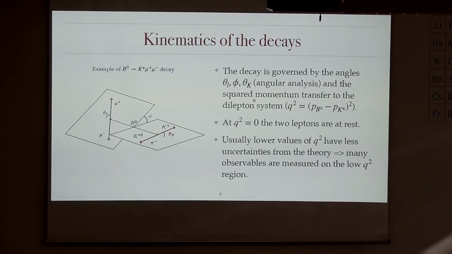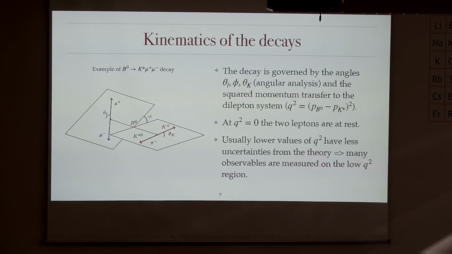These are complex decays because in the final state we have four bodies. So there's a lot of kinematics going on. Now what I'm going to explain is way easier to understand from the picture than from words. Essentially we have three angles that completely describe this decay. This is an example of a B0 decaying to a K star and two muons, right?